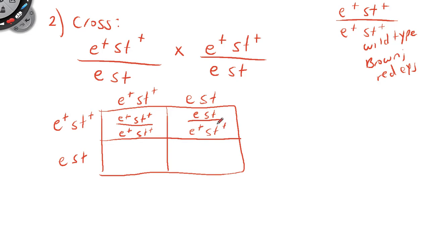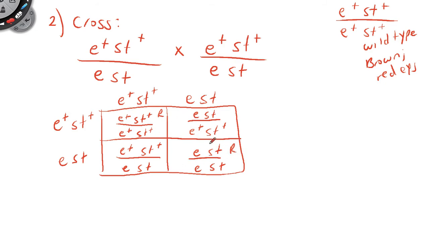And that is going to be like this parent. And then you're going to end up with this and this. And that's going to be like a parent. And then you're going to end up with this and this. And this is going to be a recombinant. Okay, so here you have a recombinant here, a recombinant here.